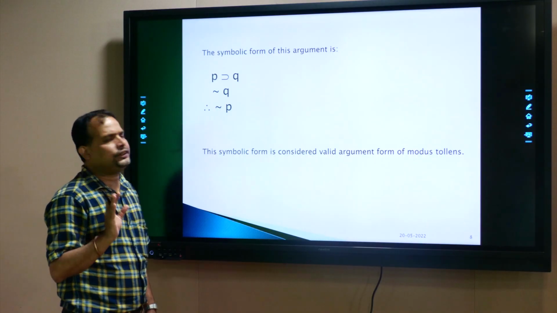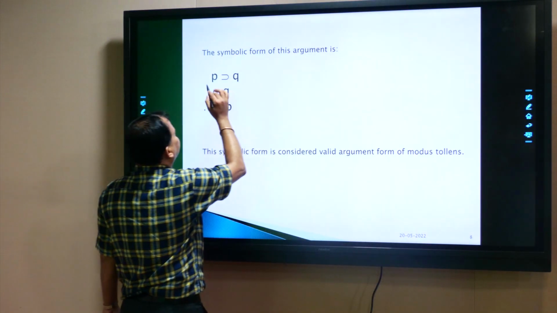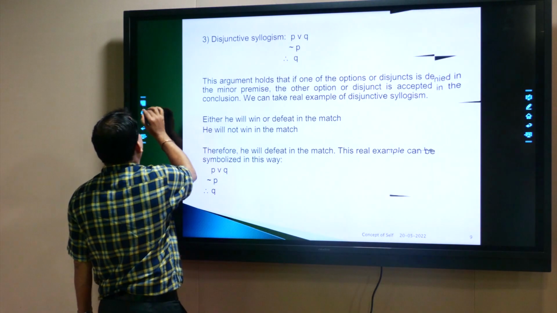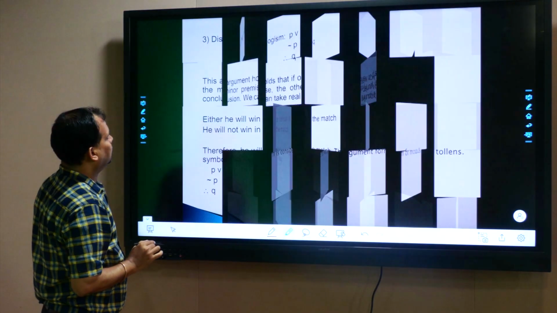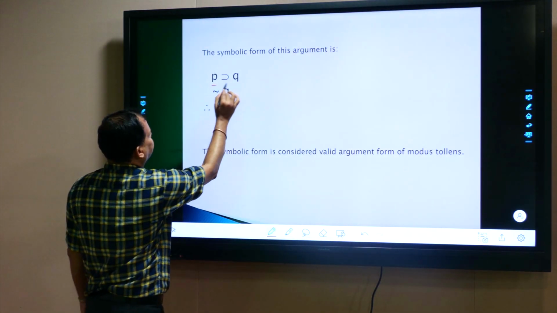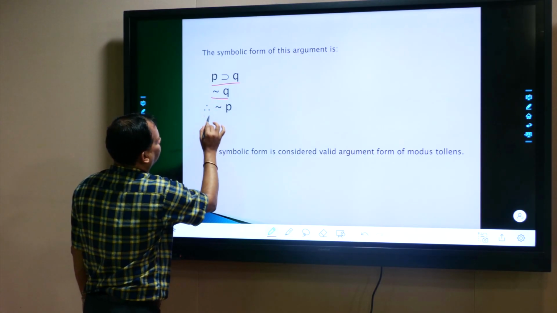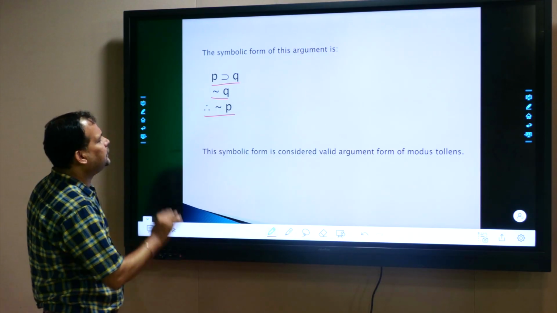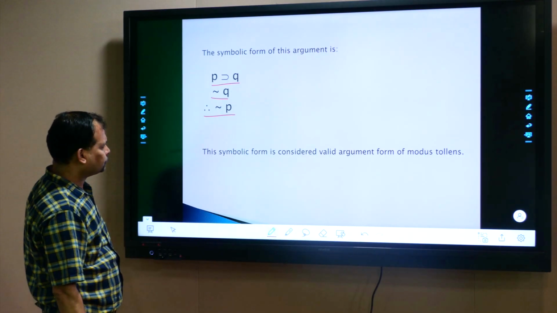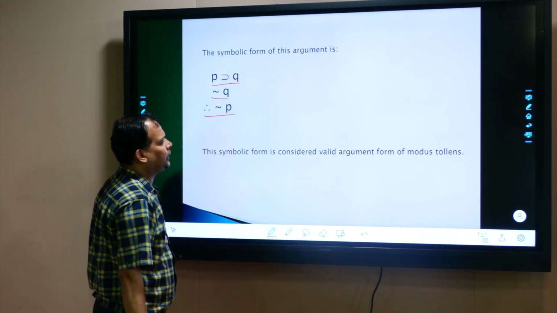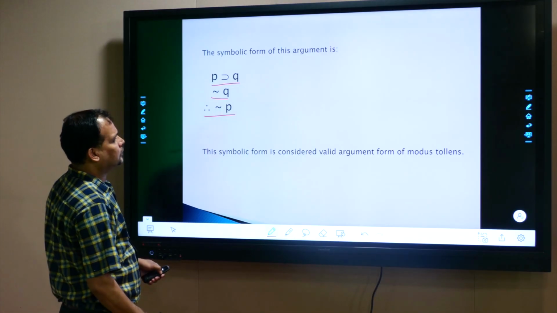Dear learners, you see that the symbolic form of this argument is P implies Q, negation Q, therefore negation P. This is the symbolic form of Modus Tollens. So this symbolic form is considered a valid argument form of Modus Tollens.